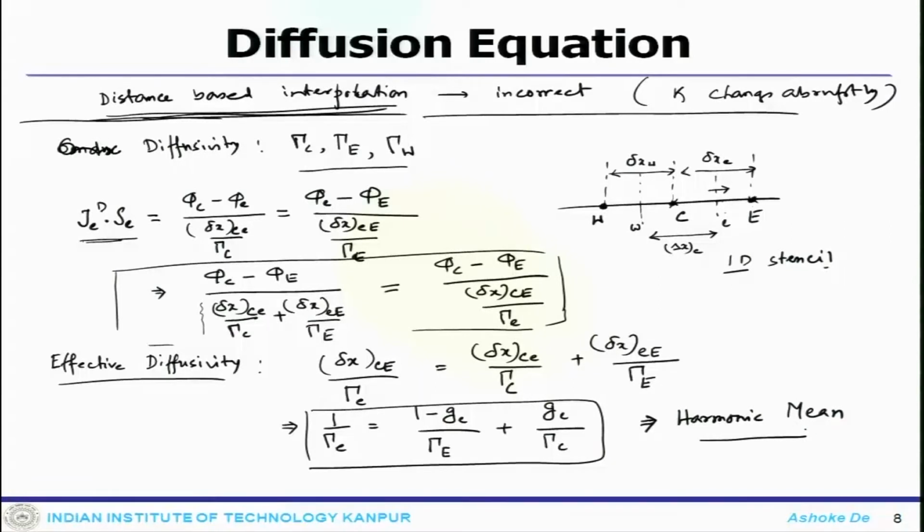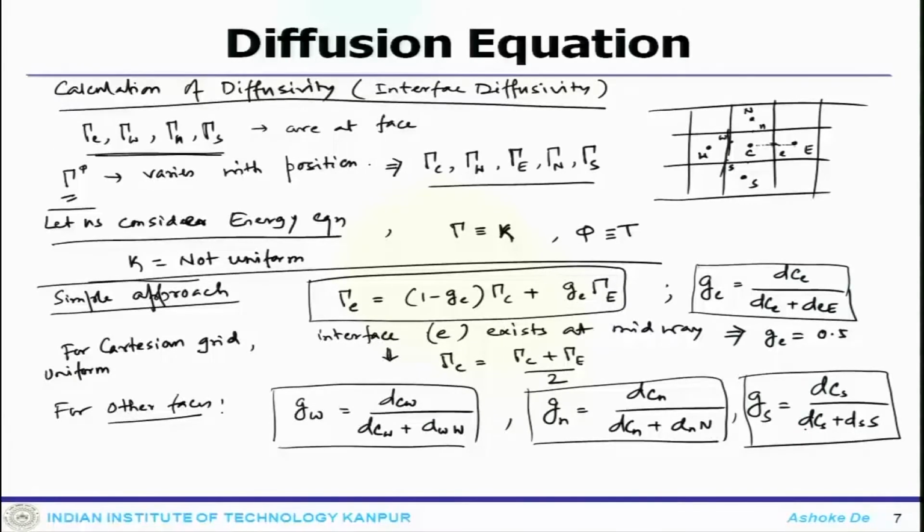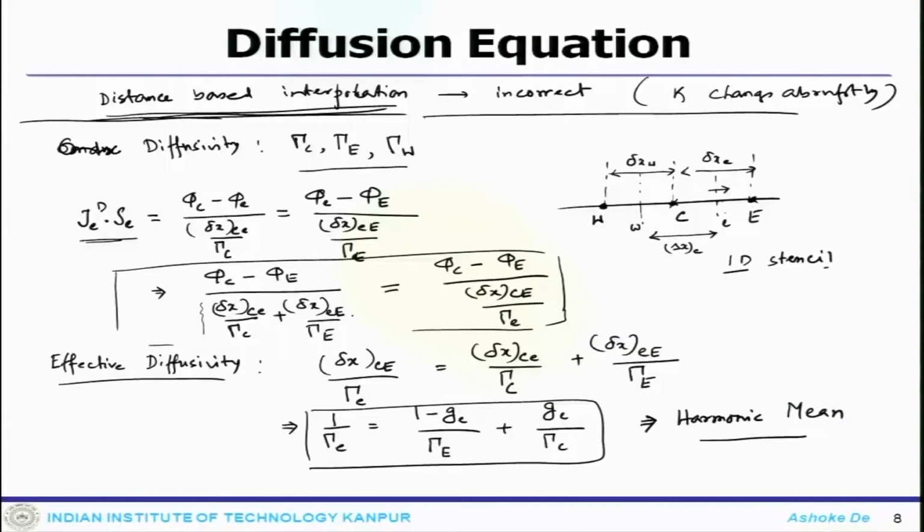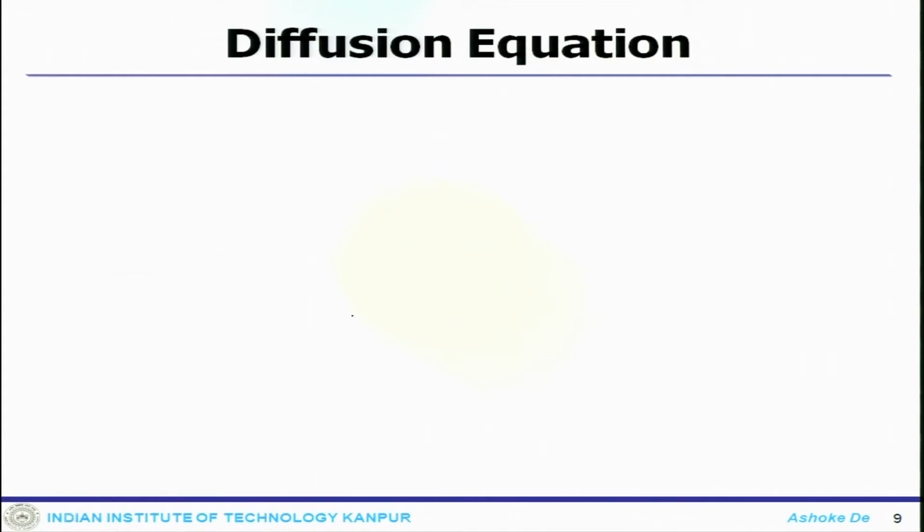So, if you look back, this particular case was, so the expression if you write down, for interface diffusivity there are two options.